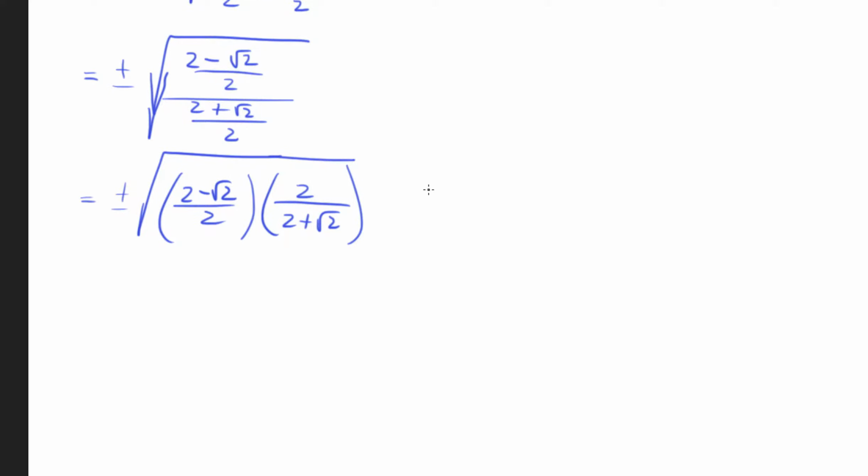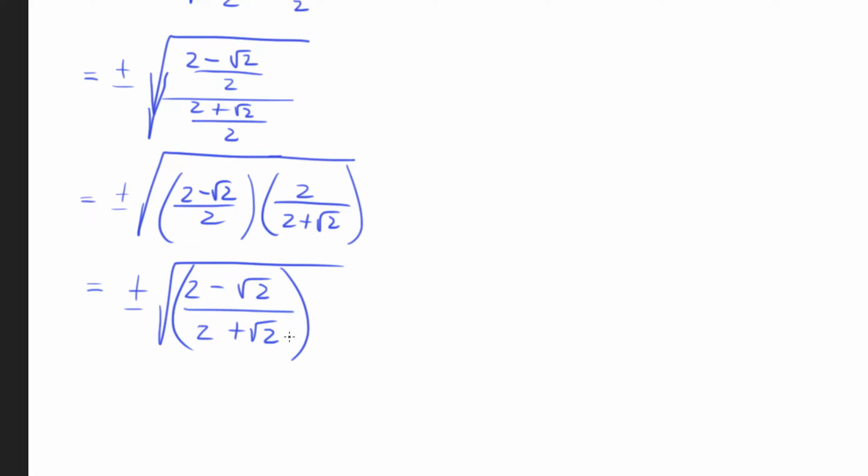Now, 2 over 2 is equal to 1, so we can get rid of them. You're left with 2 minus radical 2 over 2 plus radical 2. Now, the hard part of tangent is always that there are radicals in the denominators. So let's multiply by the conjugate of 2 plus radical 2, which is 2 minus radical 2 over 2 minus radical 2.